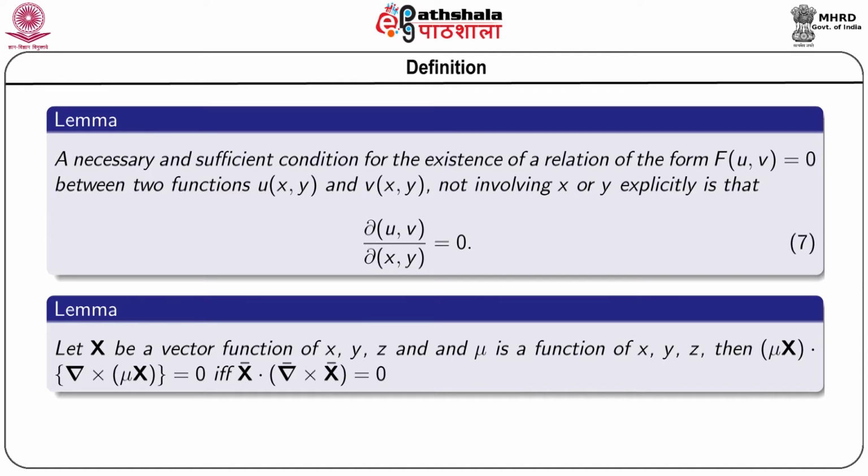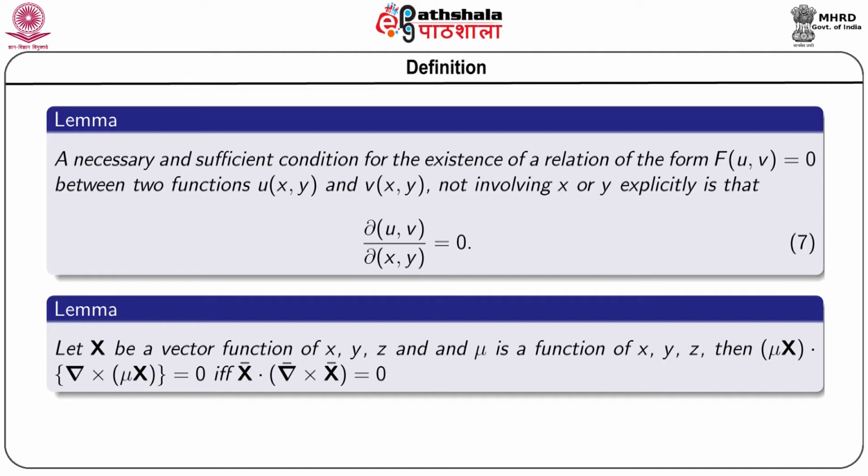Now, there is another lemma. Let X be a vector function of x, y, z and mu is a function of x, y, z. Then mu X dot curl of (mu X) equals 0 if and only if X dot curl of X equals 0, and this lemma can also be proved very easily, and this proof is also given in the study material.